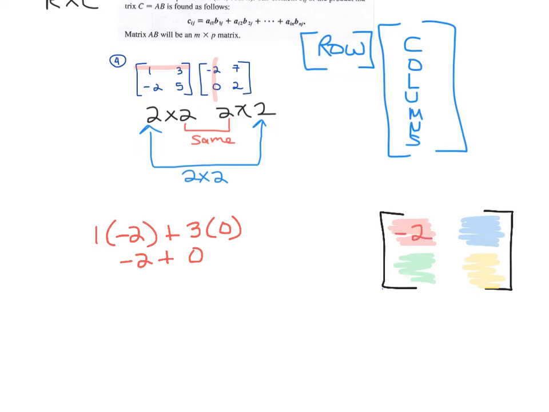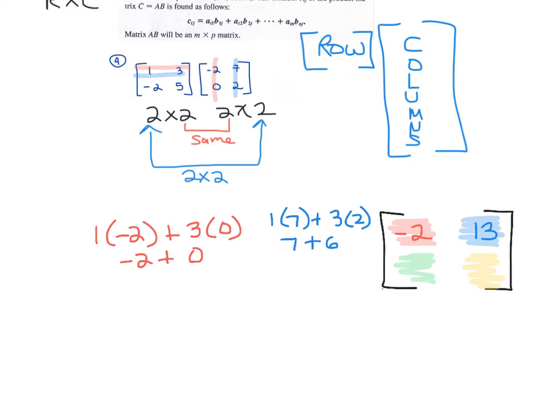So this element is -2. Then for the blue, we're still in row 1, and I'm going to multiply row 1 now times column 2, row by column. So now I'm going to multiply 1 times 7 plus 3 times 2. 7 plus 6, and I get 13.